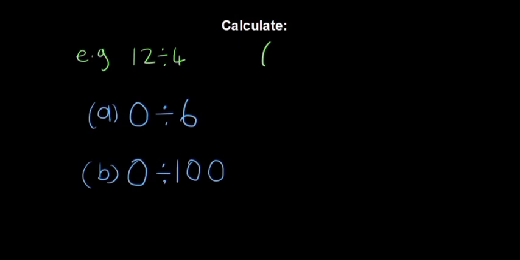So when we subtract a 4 from a 12, for the first time we'll get 8. This is our first round. Then the second round, we're going to take the 8 and subtract the 4 again. Then we get 4. Then for the third round, we'll take the 4 and subtract the 4 again.